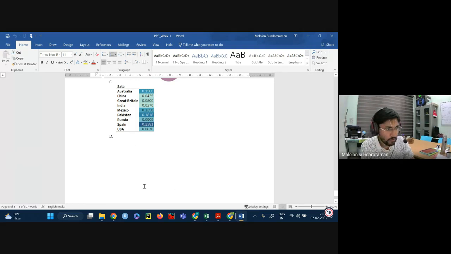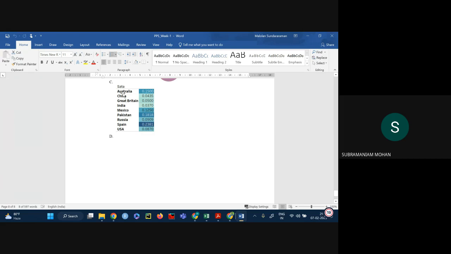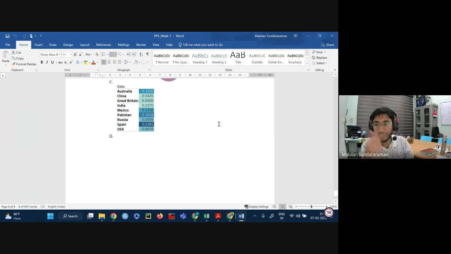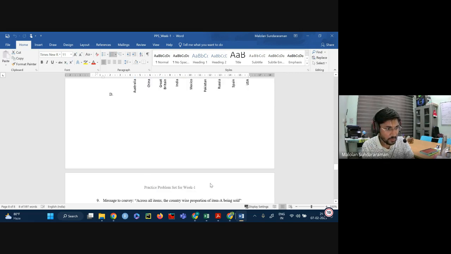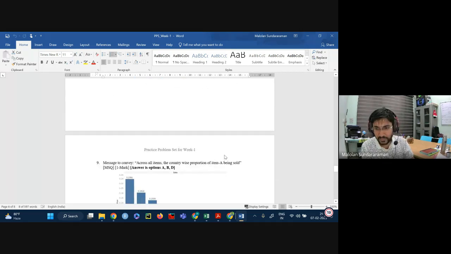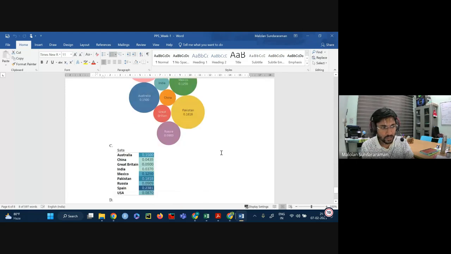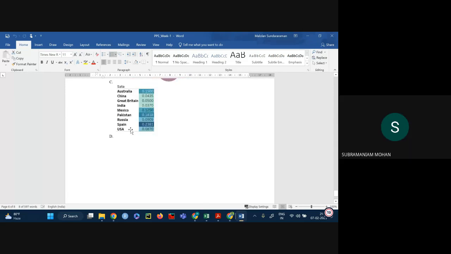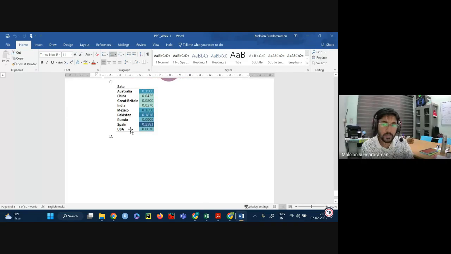When you have a large number of things, it will group them into others, and then for others, you have to again specify what they are, which will not convey this particular message. That is the reason. As the number of categories increases, a pie chart becomes difficult to interpret, so you go for other methods. Okay.